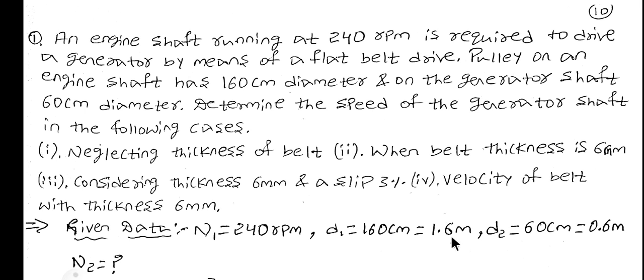Convert it into meters, it will be 1.6 meter. And on the generator shaft, 60 centimeter diameter. The generator shaft is the driven, so he has given the diameter of the driven shaft. It is D2, 60 centimeter. Convert that into meters, it will be 0.6 meter.